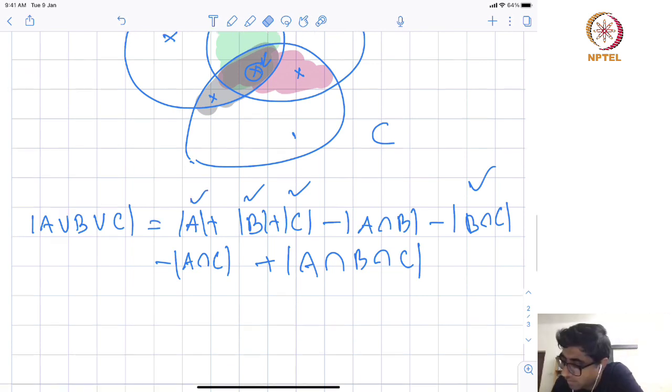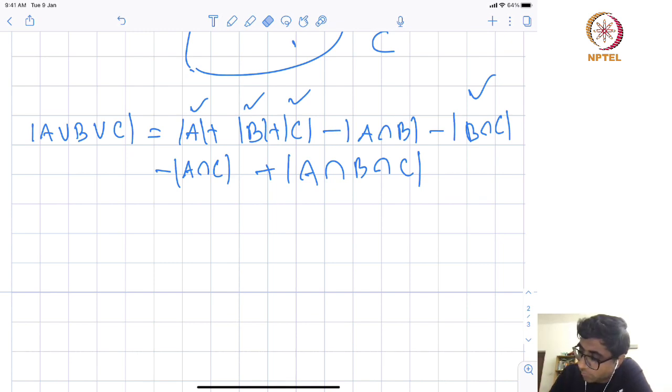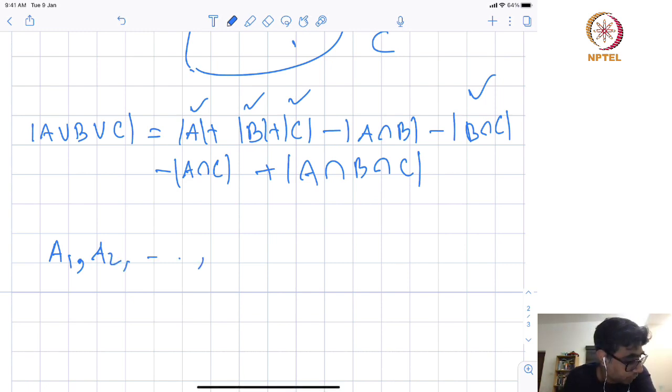So now generalize this: suppose that over this universe you are given not one set, but n sets, A1, A2, up to An.